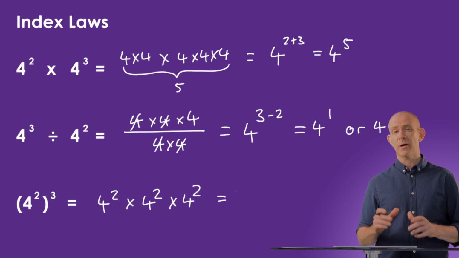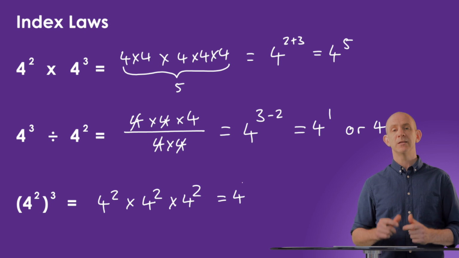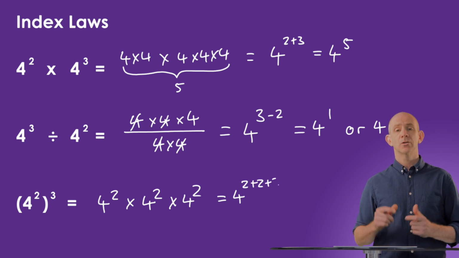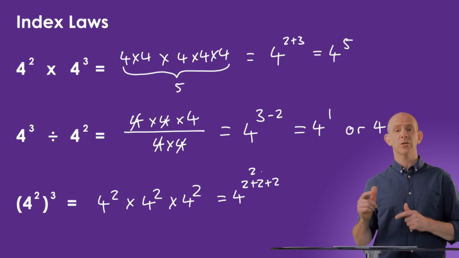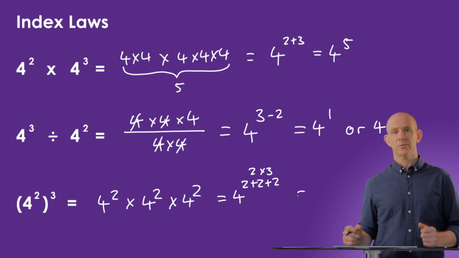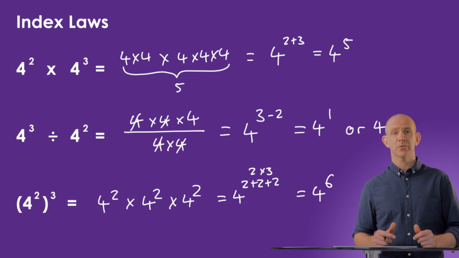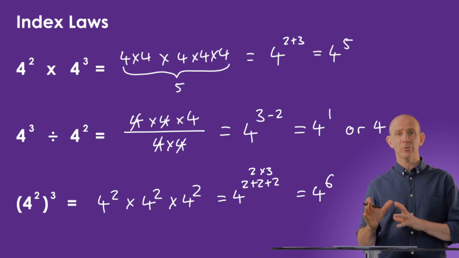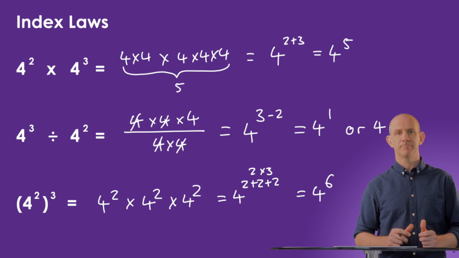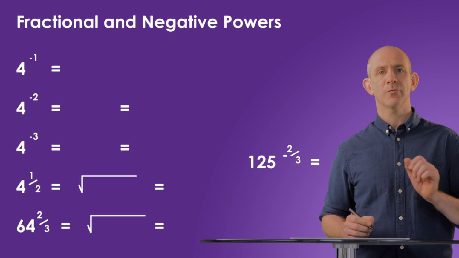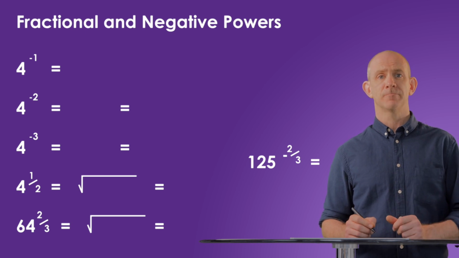We could also think about multiplying the power inside the bracket by the power outside the bracket to give us the value of 6. So we've got 4 to the power of 2 times 3, which gives 4 to the power of 6. When dealing with powers of powers, you can simply multiply the power outside the brackets by the power inside.